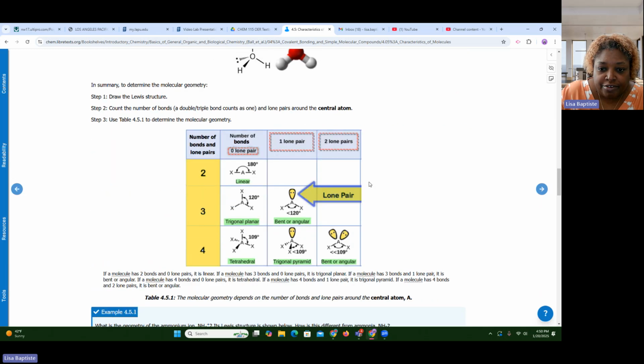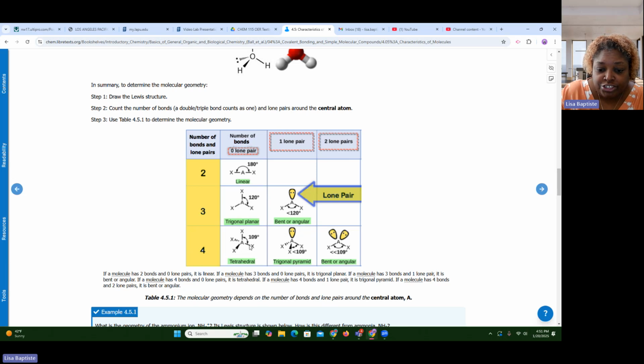theory, all of that information. It depends on the number of bonds as well as the number of lone pairs. If we look at that first one, it has the central element, which in our case is carbon.